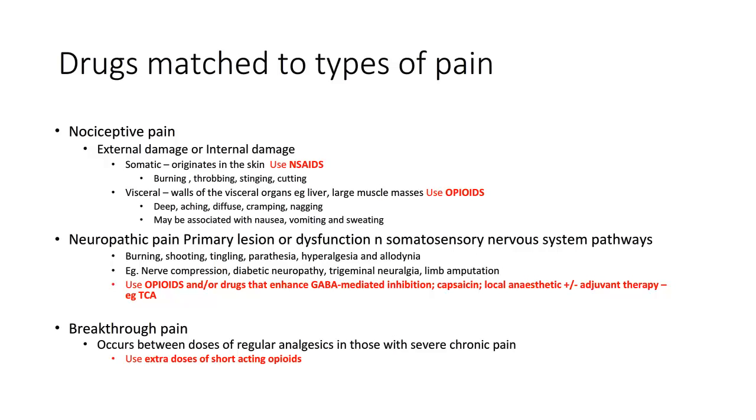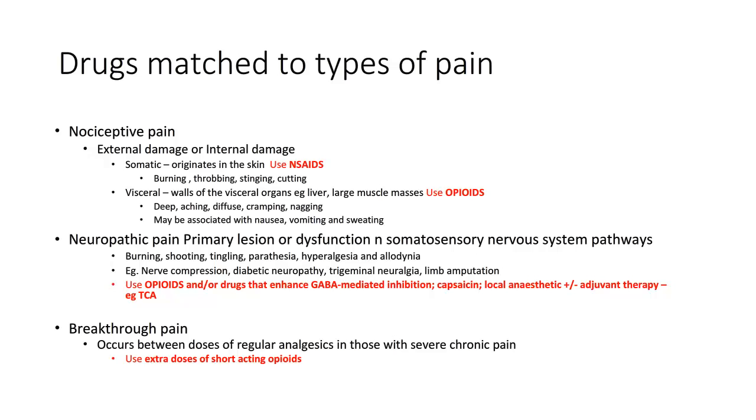Because GABA is an inhibiting neurotransmitter for the pain pathway, there are drugs that can enhance GABA's effect, such as pregabalin. Capsaicin's an interesting one, and we'll look briefly at that, and then we'll look at the local anesthetics and have a very brief look at the general anesthetics.